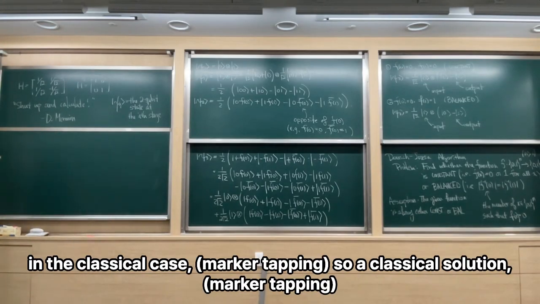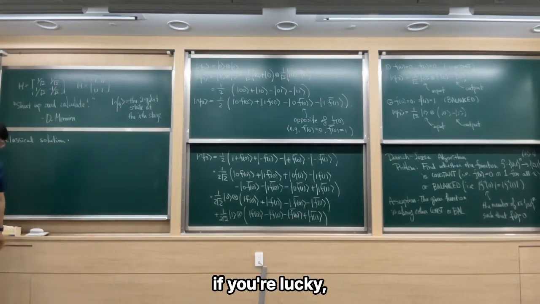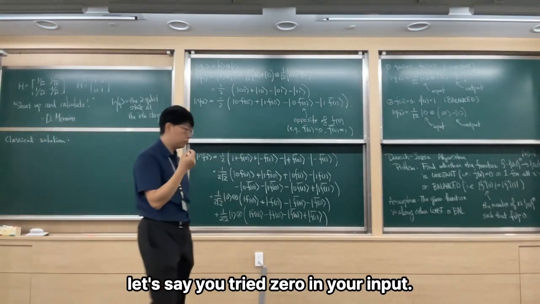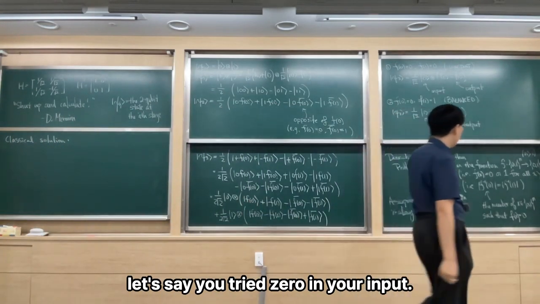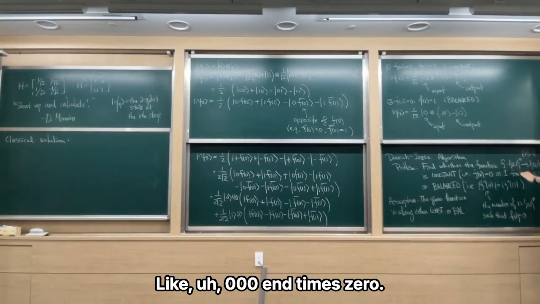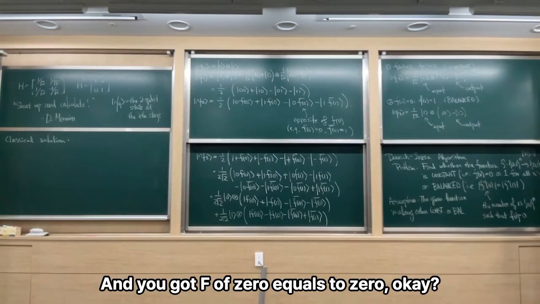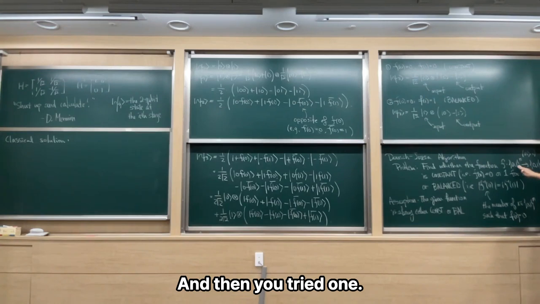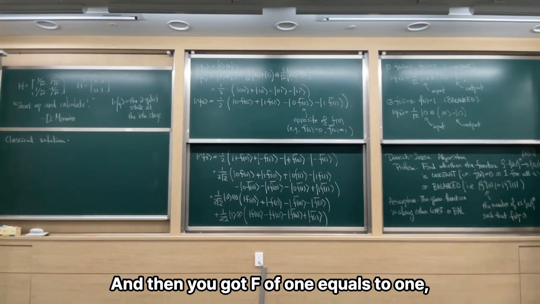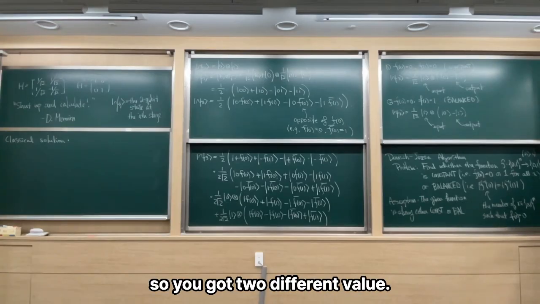In the classical solution, if you're lucky, let's say you tried 0 as your input, like 0, 0, 0, n times 0, and you got f of 0 equals 0. And then you tried 1. 1 means 0, 0, 0, and then the last digit is 1. And then you got f of 1 equals 1. So you got two different values.